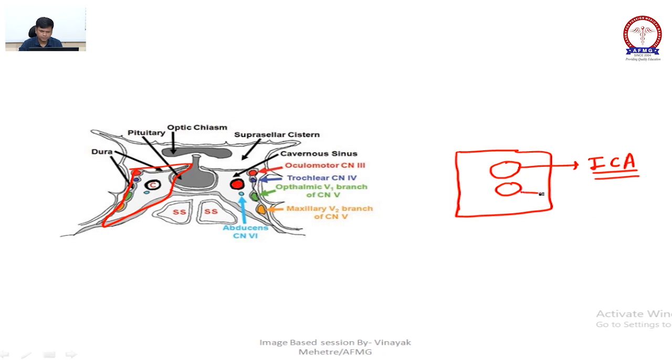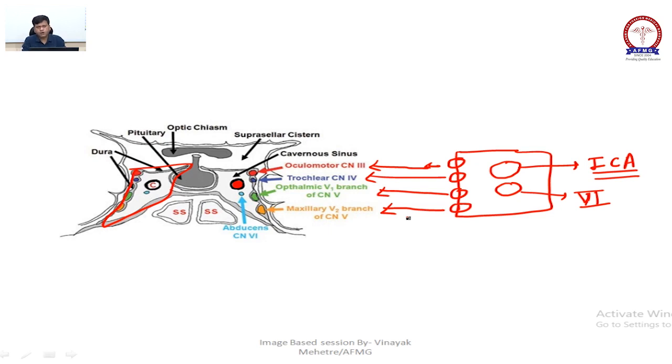And second is your sixth nerve, the abducens nerve. On the wall of the cavernous sinus there are four nerves: third, fourth, the ophthalmic branch of the trigeminal nerve, and the maxillary branch of the trigeminal nerve, right?